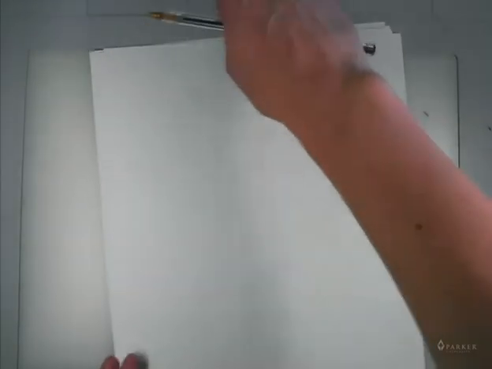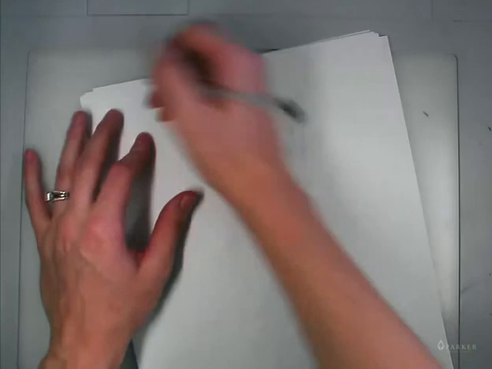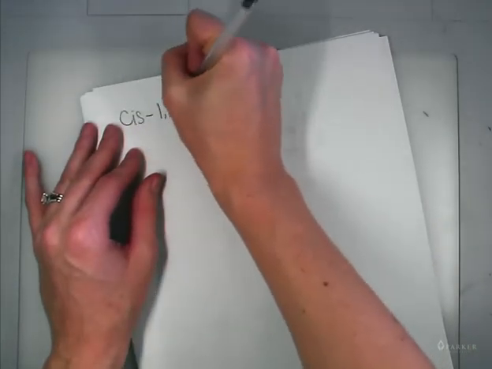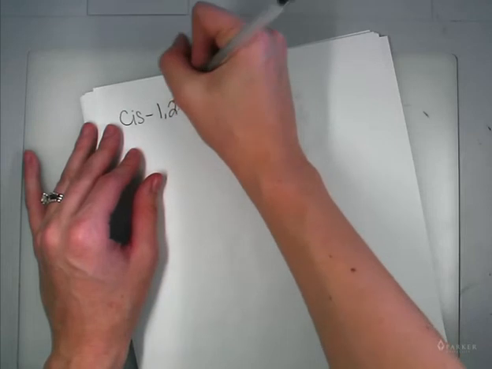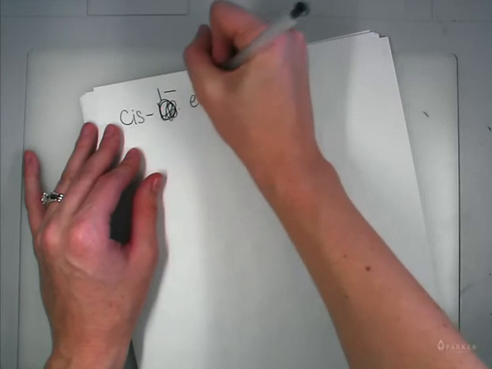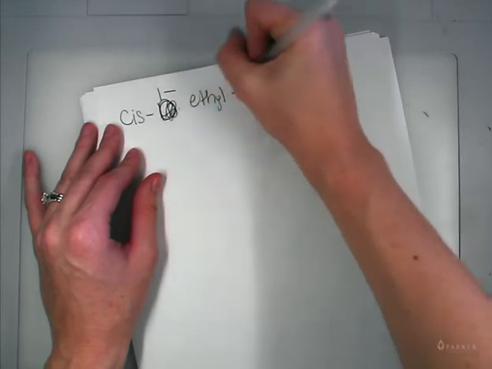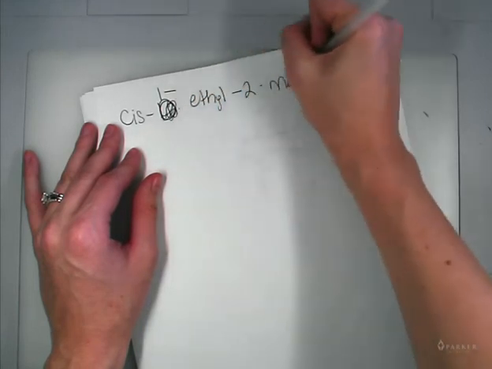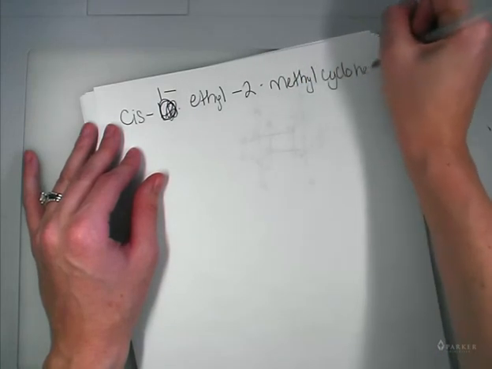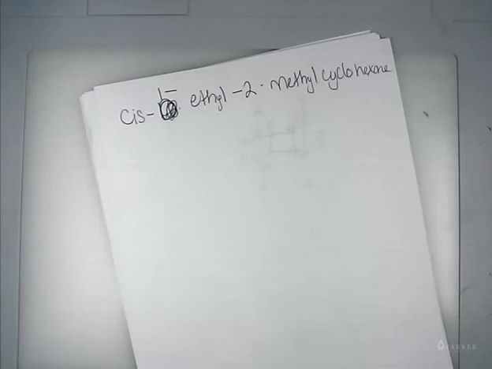Okay, so in small groups, see if you can work on these two here. Let's do a cis 1-ethyl 2-methyl cyclohexane.